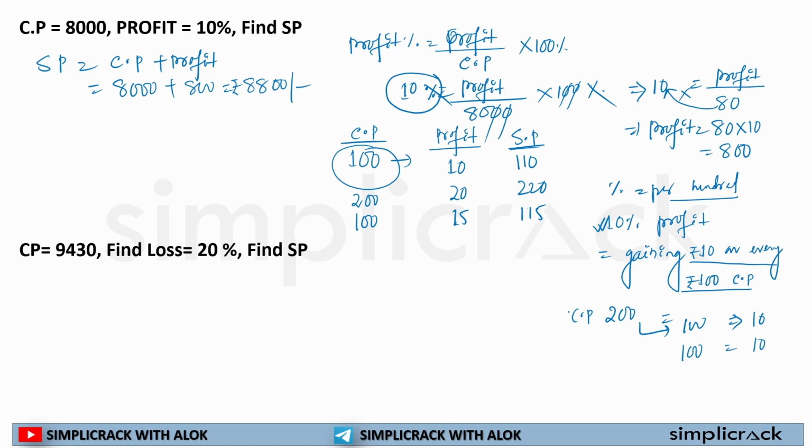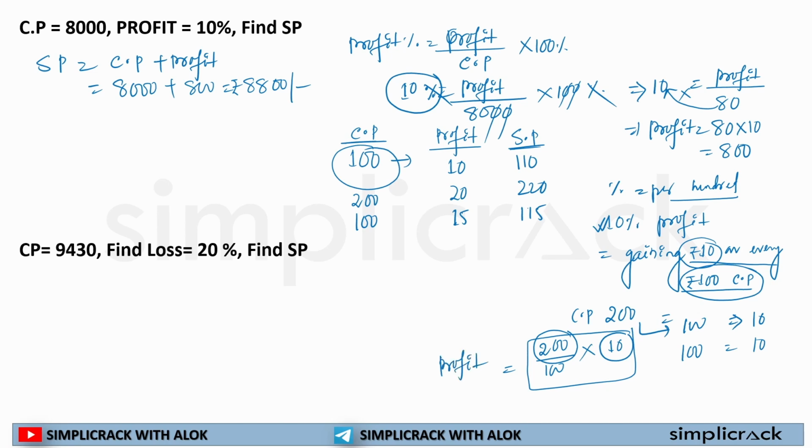Or I can write it as 200 divided by 100, the basic amount, multiplied by my profit amount. What I did is the profit percentage multiplied by the cost price. Then I will get my profit amount.